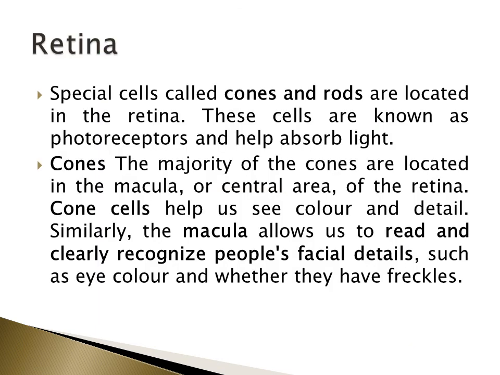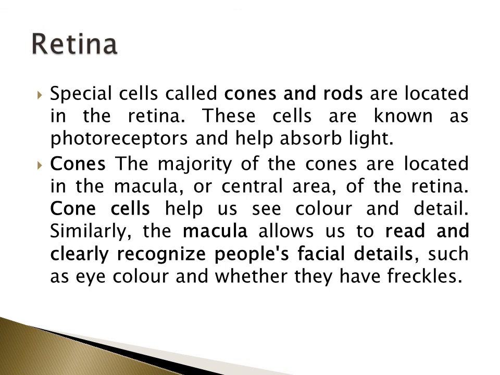Further, the retina consists of special cells called cones and rods. The cells are known as photoreceptors and help absorb light. Let's go first to the cones. The majority of the cones are located in the macula, or central area of the retina.